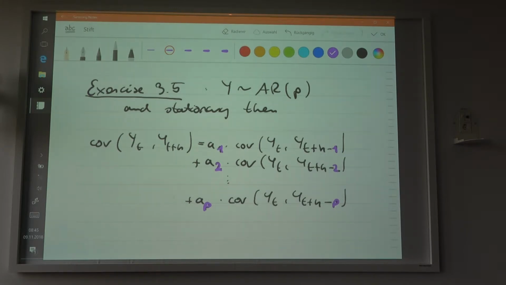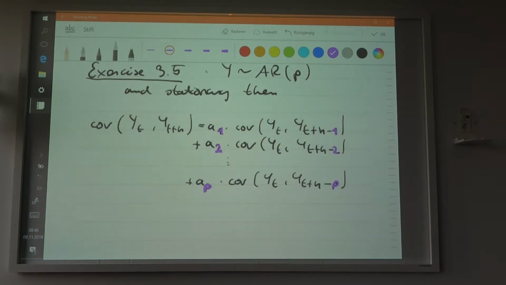But the standard deviations are equal because the process is stationary. So the standard deviation times the standard deviation is equal to the variance in the denominator. So the covariance divided by the variance will be equal to the correlation of the process. That's why it's enough to show this.